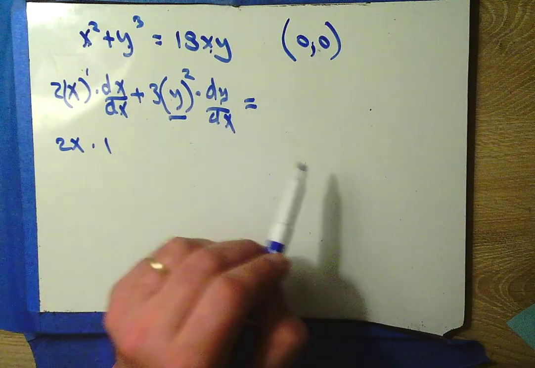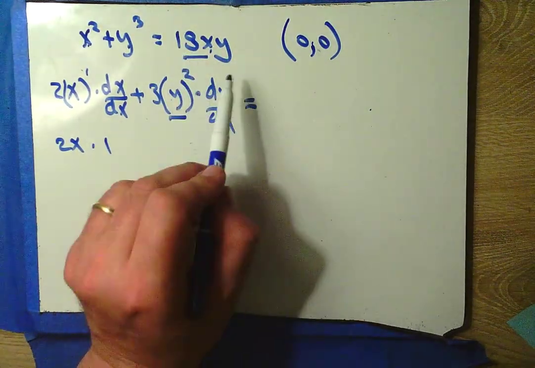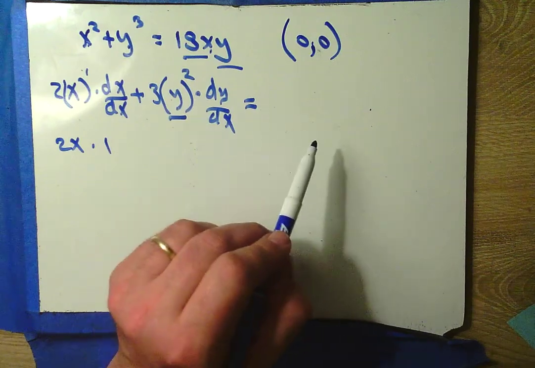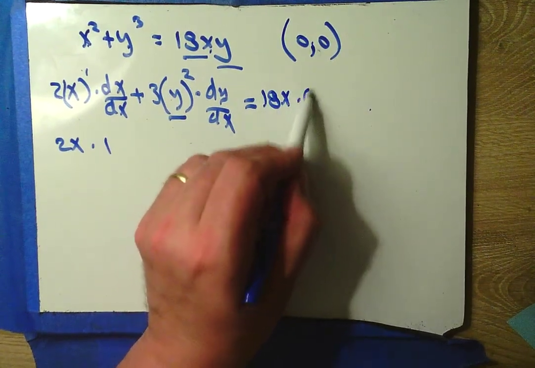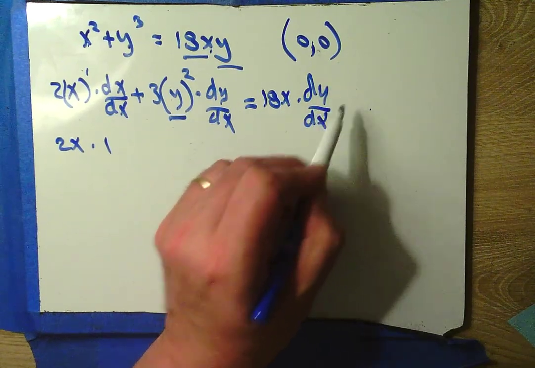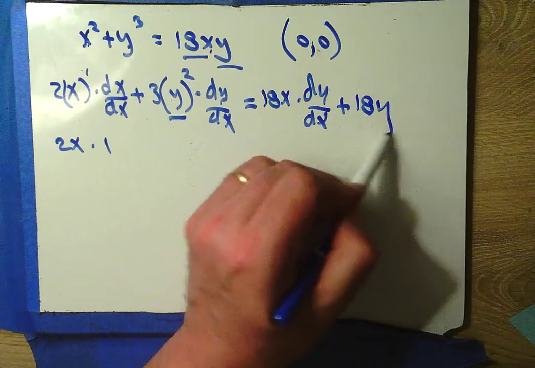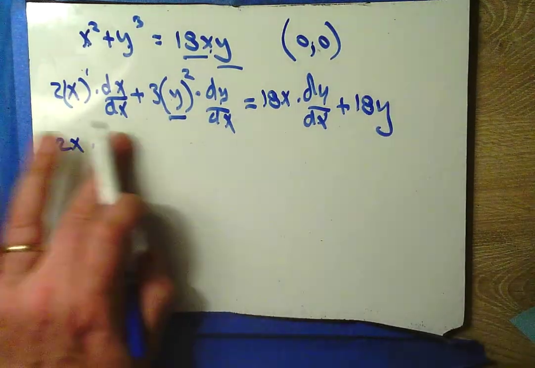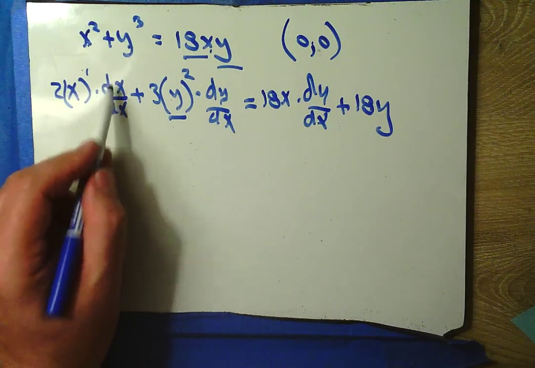And over here on the other side of the equal sign, I see a product, and I'm going to choose to do this as 18x times y. So I'm going to have 18x times dy/dx plus the derivative of 18x is 18 times y. Now we still need to solve for dy/dx. Oh, and dx is 1.